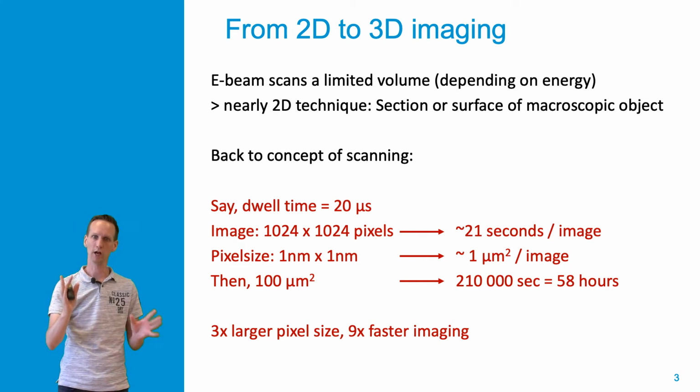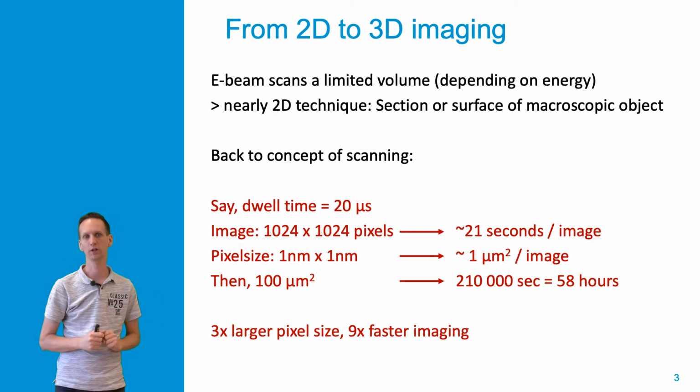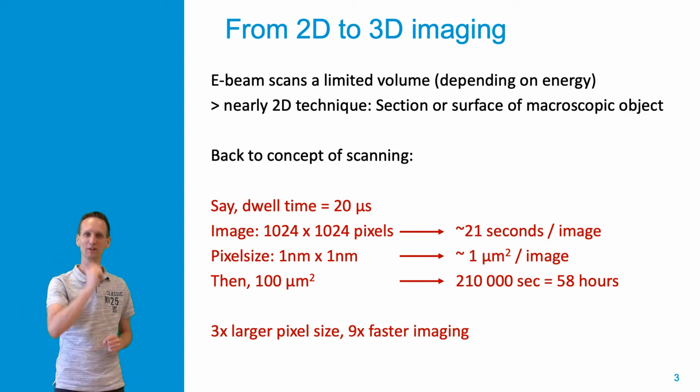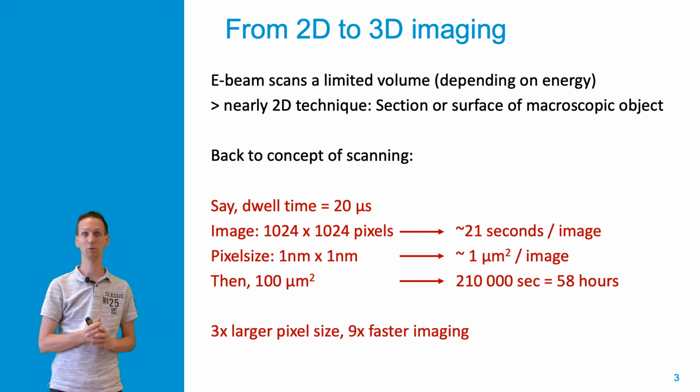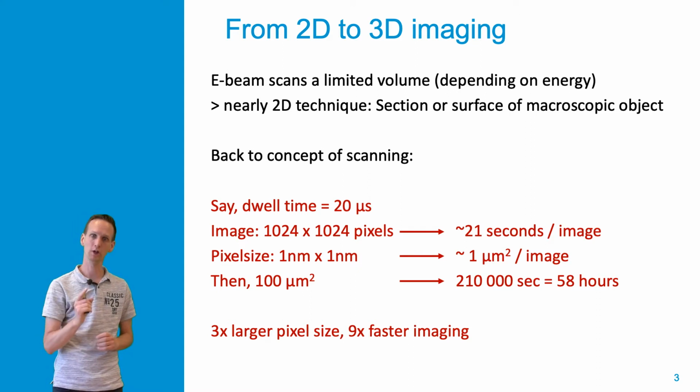Say we would like to collect the high resolution data over a larger area, about 100 micrometers squared. This would then result in a scan time of 210,000 seconds, which is about 58 hours. And that's only an area of 100 by 100 micrometers.